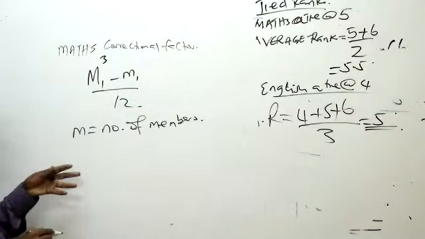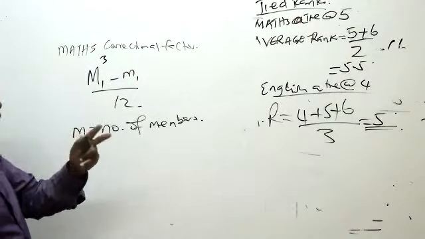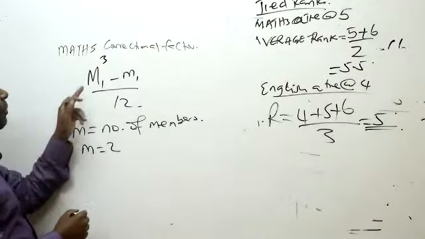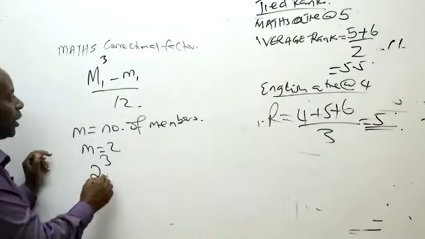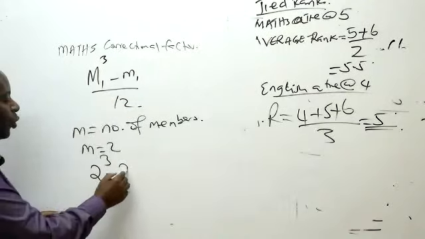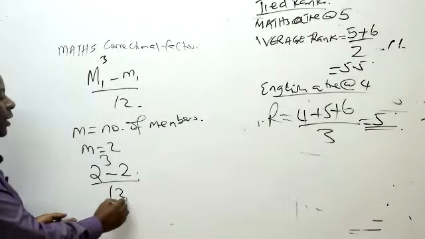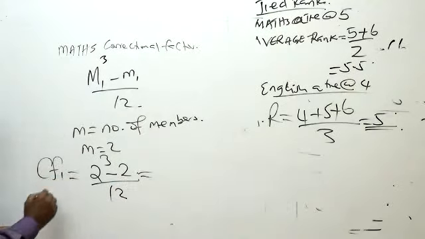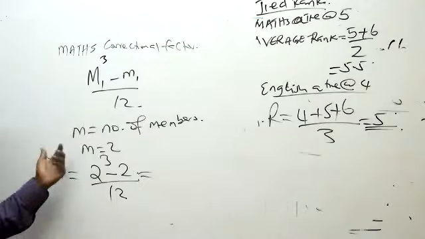So for math, we only had 2 members tying up. So for math, our m is 2. So you'll come and talk of 2 raised to power 3 minus m, which is 2, divided by 12. This is the first correctional factor. You can call it CF1, correctional factor 1. It's an important formula. You simply master it.